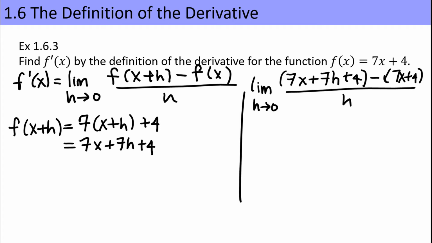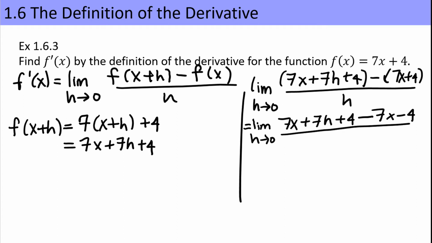Let's distribute the negative and continue to simplify. So we will have the limit as h approaches 0 of 7x plus 7h plus 4, then minus 7x minus 4. We are distributing the negative, divided by h. The 7x's and the 4's cancel.